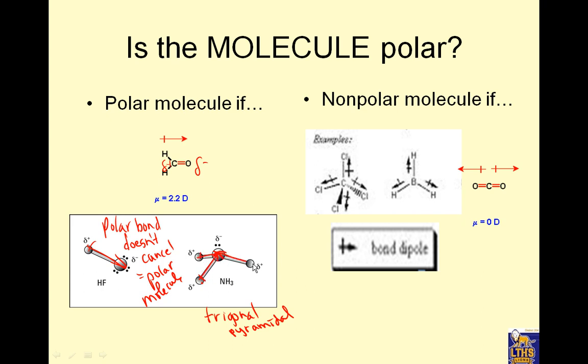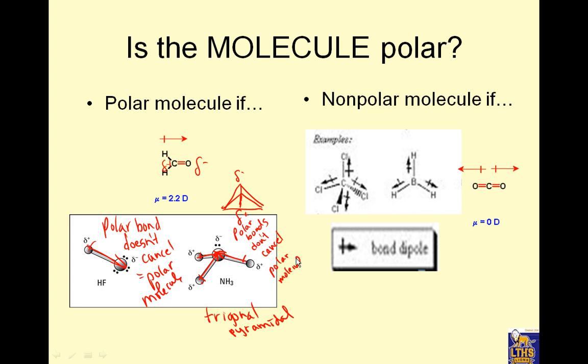If you think of a pyramid, up here is the top of the hill of that pyramid. This is going to be the negative part of the hill, and that's going to be positive, so these are polar bonds. Polar bonds don't cancel, so this is a polar molecule.